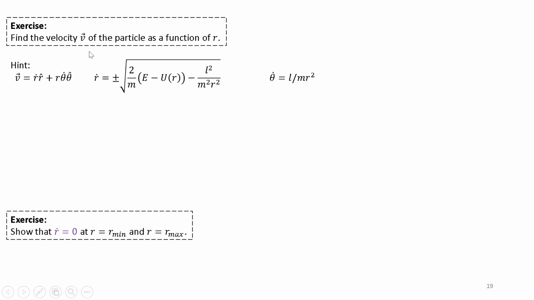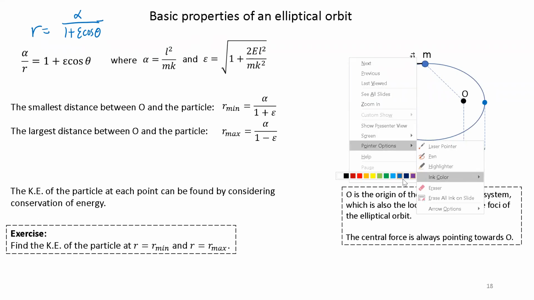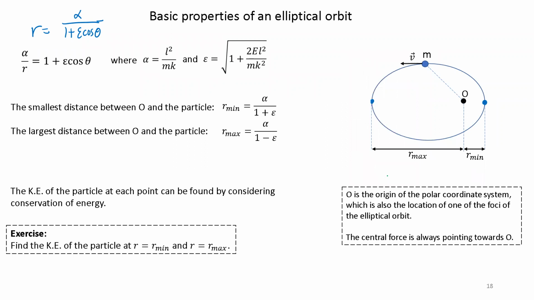If I look at this picture again, at any given point the velocity vector should be tangential to your trajectory, like this.